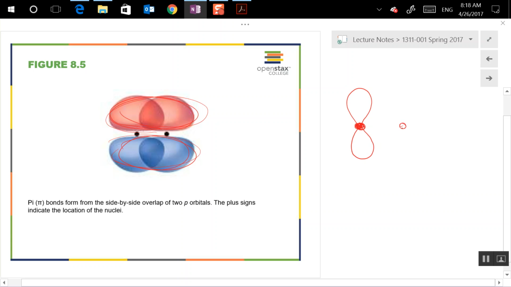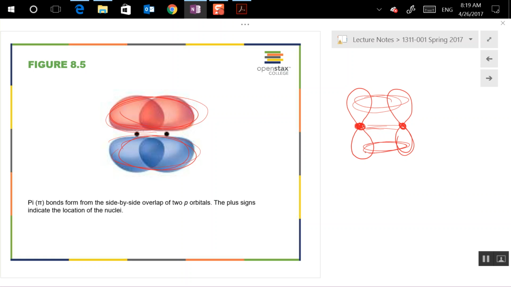So if you get two p orbitals that are unhybridized coming together, they will form this pi bond. This is a single pi bond with two overlapping areas of electron density. And that's what we refer to as a pi bond.